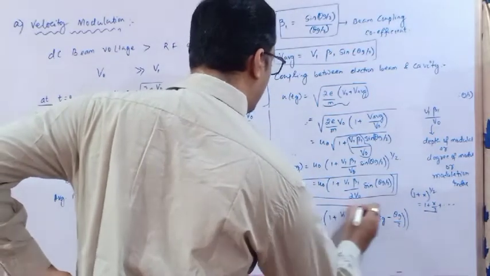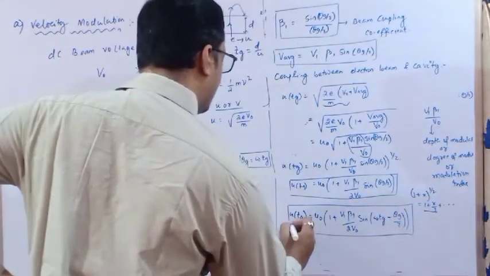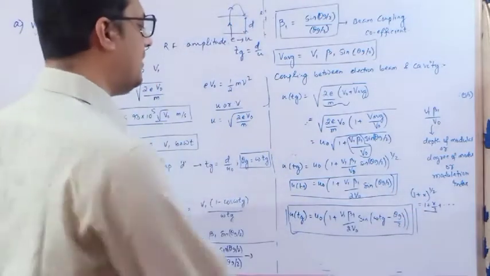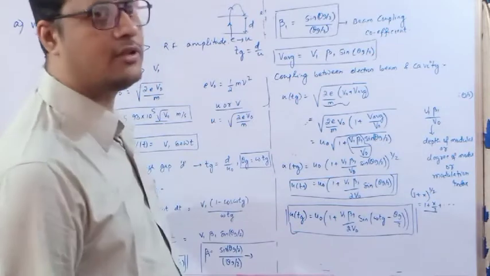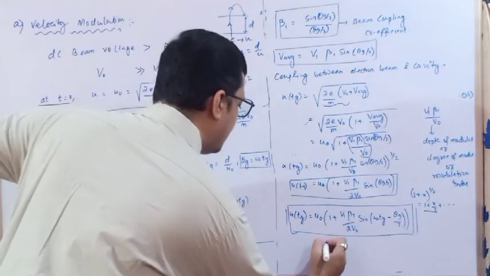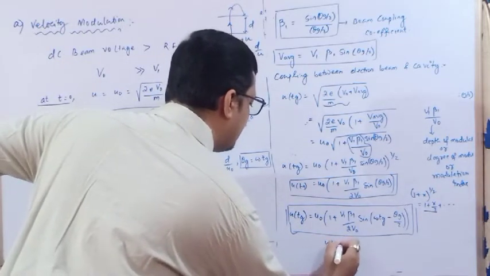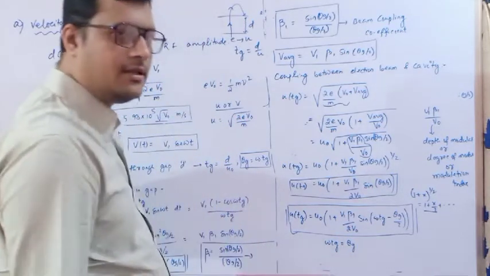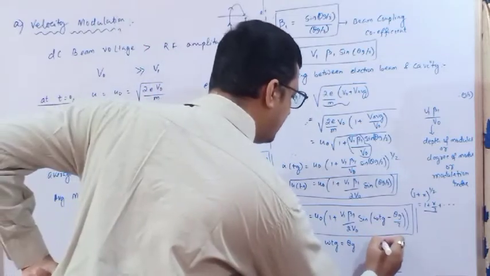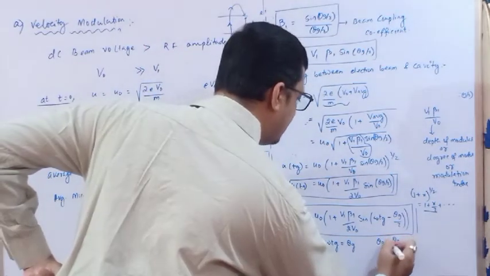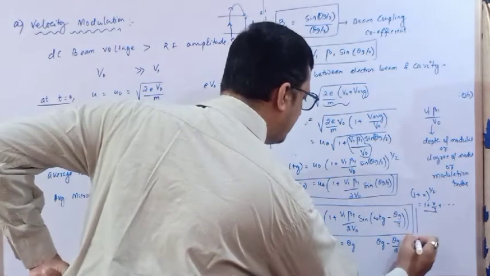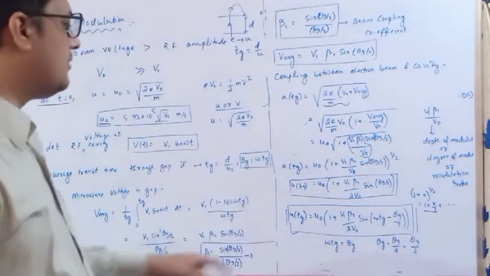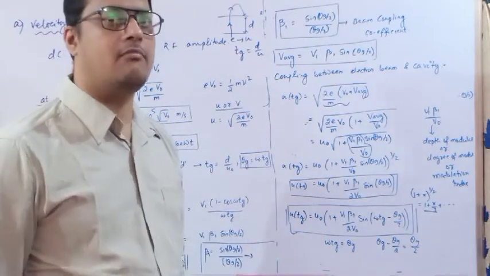In this form also I can write the equation, because many of the books write it in this particular manner or in this particular manner. Both are the same. Why? Because, as we have written, ωtg is θg. So θg minus θg by 2 is equal to θg by 2. Same thing I have written here. Done.